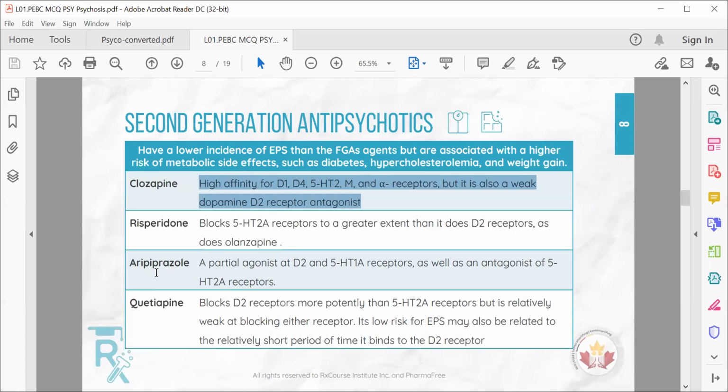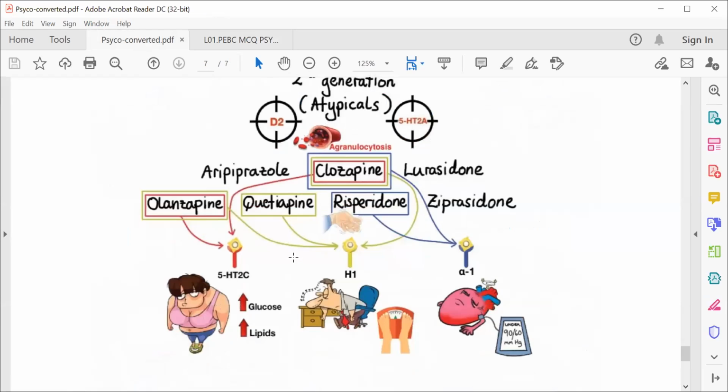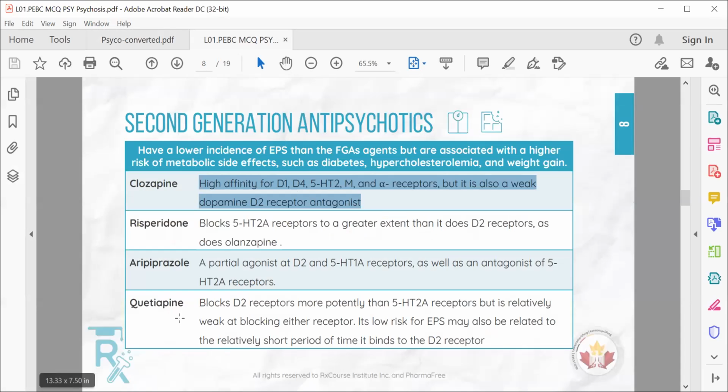It has a partial agonist effect on the D2 receptor and the 5-HT1A receptor, and is antagonistic at the 5-HT2A receptor. The side effects associated with aripiprazole are less compared to others.